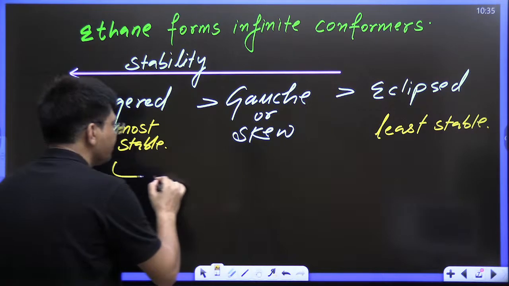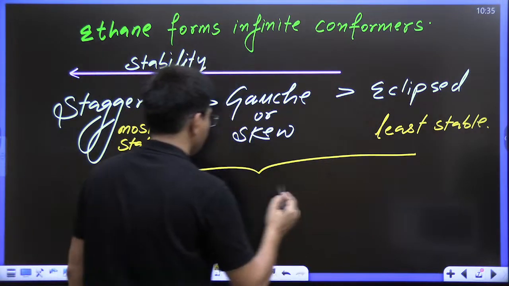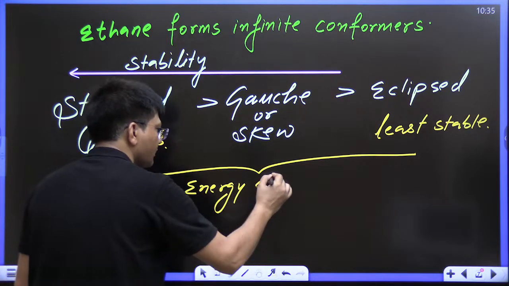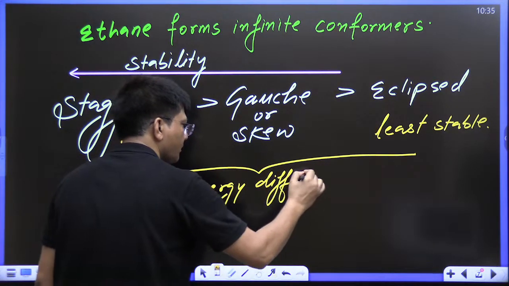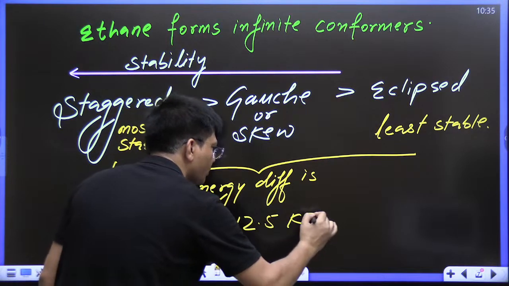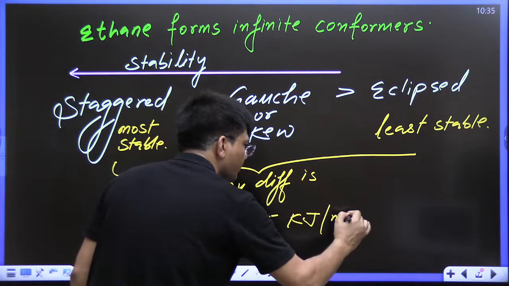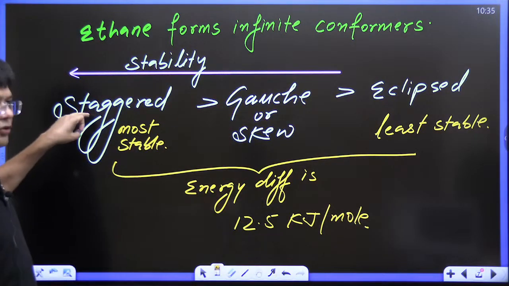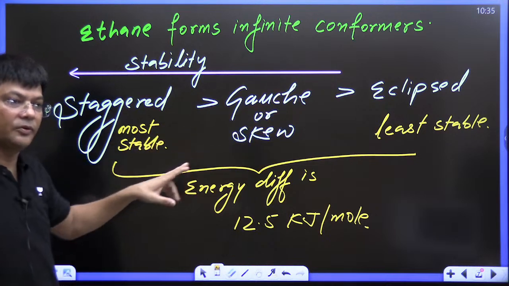The energy difference NCERT is writing is 12.5 kilojoule per mole. This is the most stable form, and that is the least stable form.